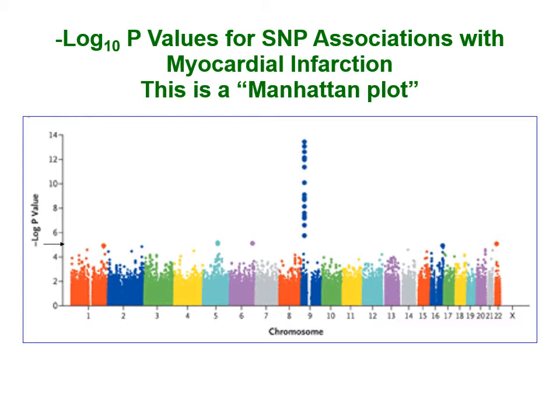You can see there's an enormous number of points which are well above the axis on the y, and that represents SNPs where there is a high correlation with the disease. Now this is a log scale, a log base 10, so each tick mark is actually a 100-fold increase in correlation between that disease and that particular SNP region.